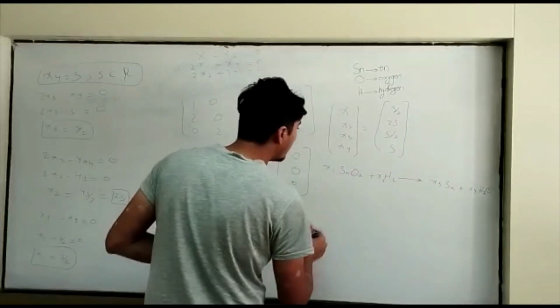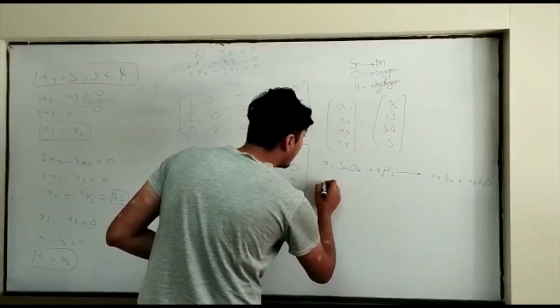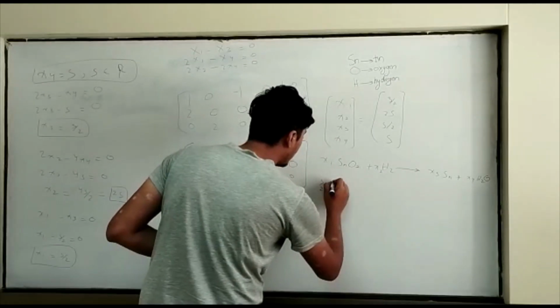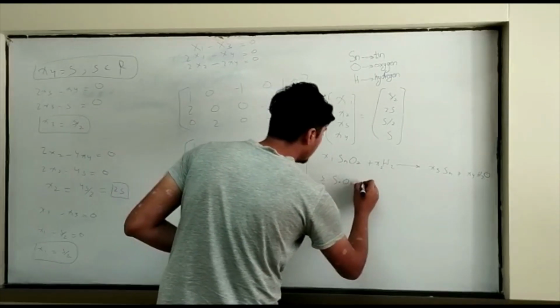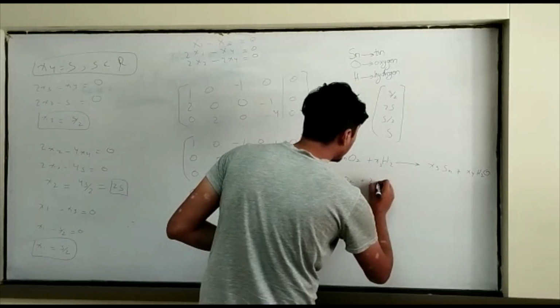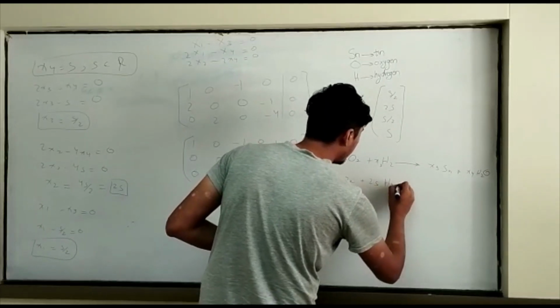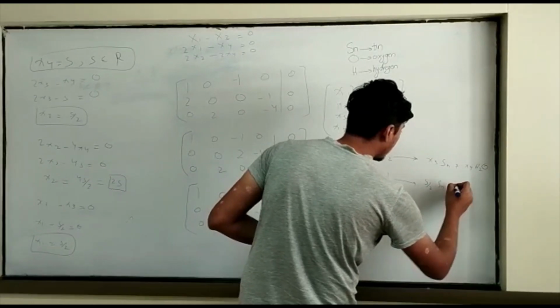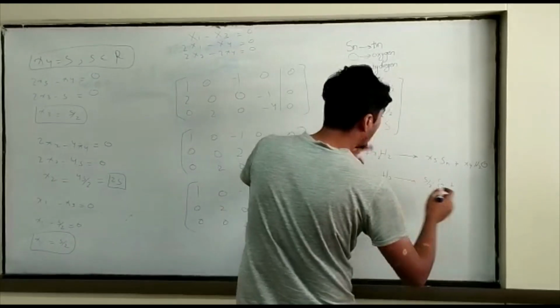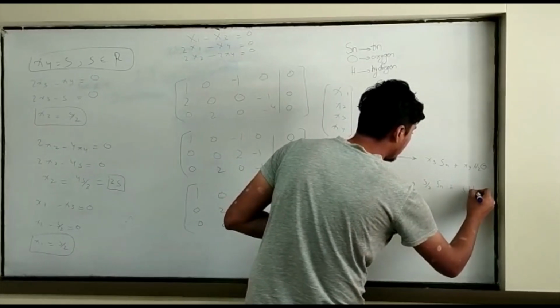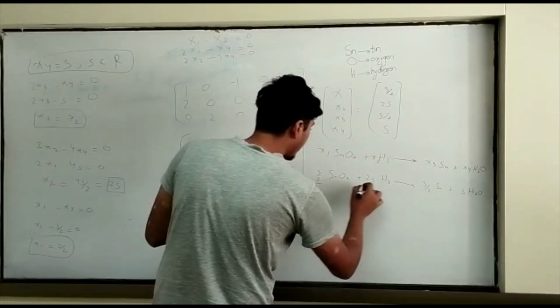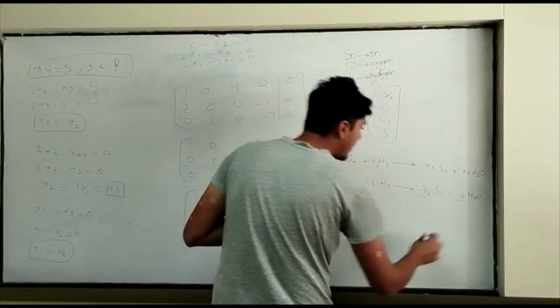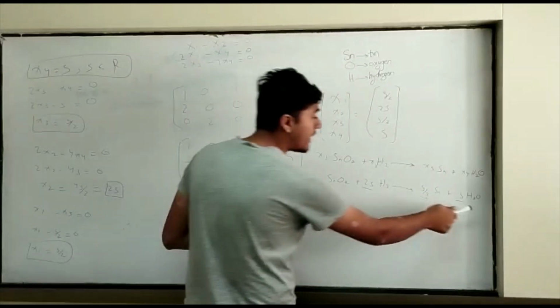Plugging these values in, we get s by 2 SnO2 plus 2s H2 gives s by 2 Sn plus s H2O.